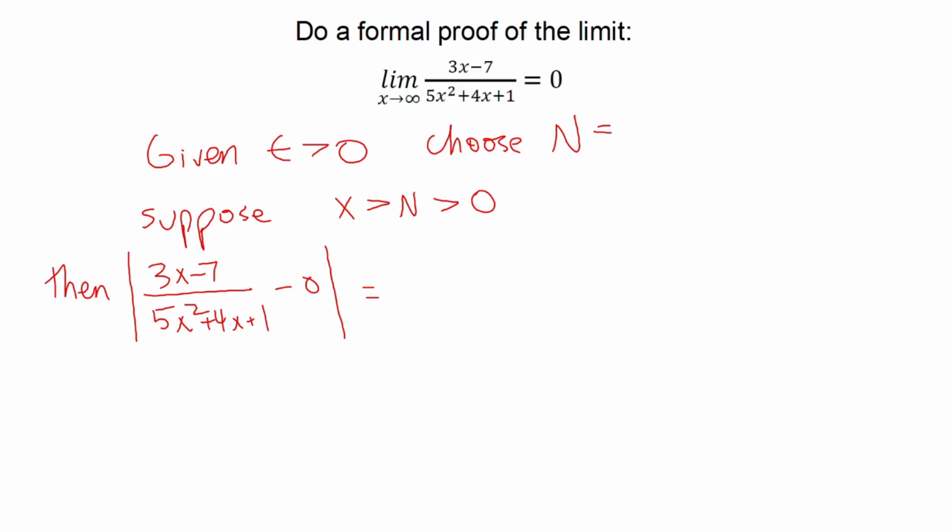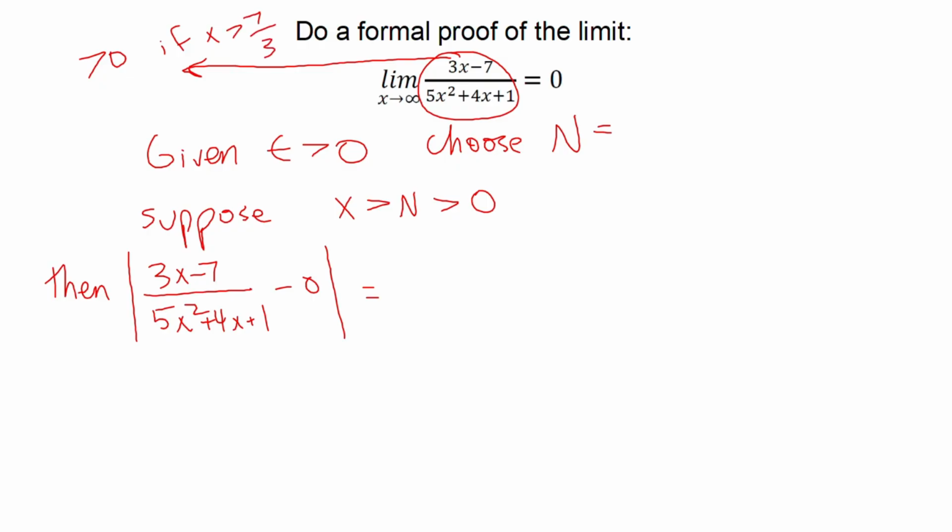The denominator of this fraction is always positive, but the numerator is not always positive, so we can't just pull it out of the absolute value. But we could pull it out if we made sure that x was always greater than 7/3. This whole fraction, our function, is greater than 0 if x is greater than 7/3.